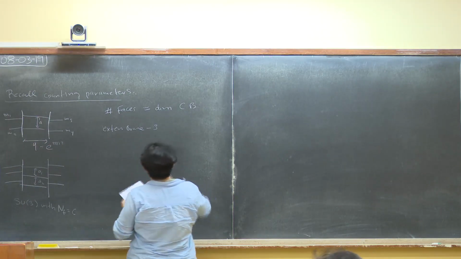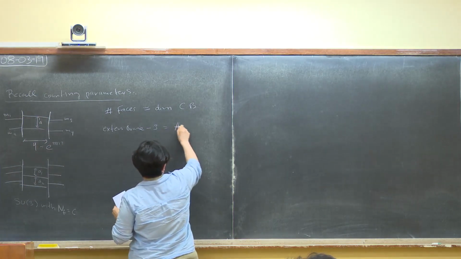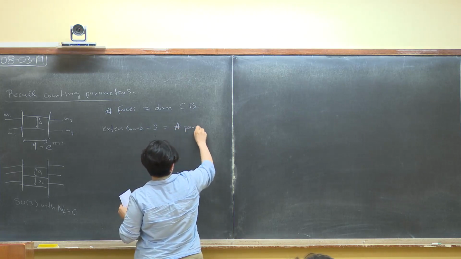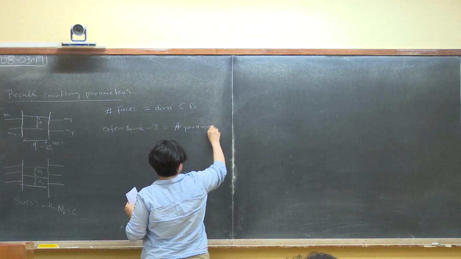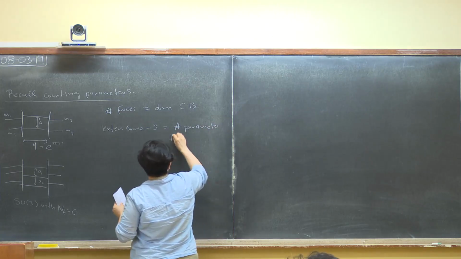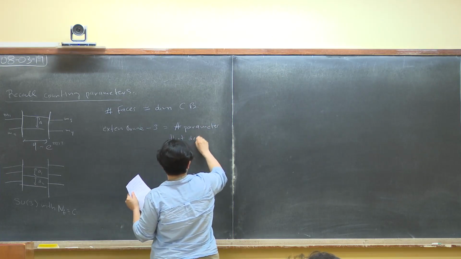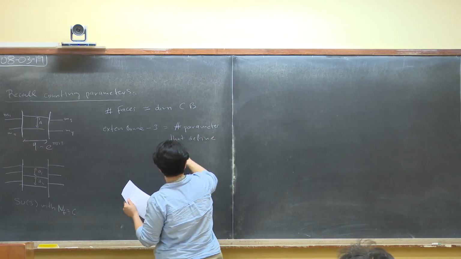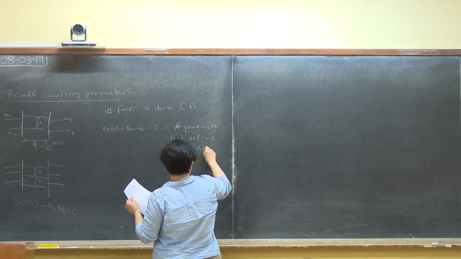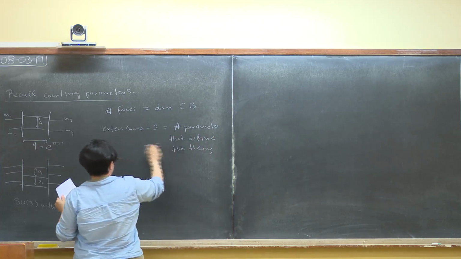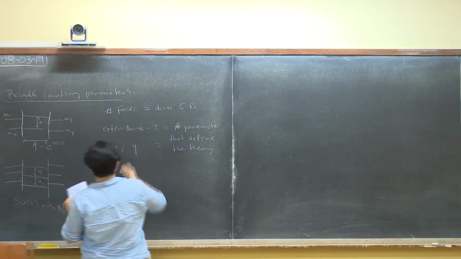So this is the total number of parameters of the theory. These are the ones that really appear in the Lagrangian, and they can be masses and coupling constants.